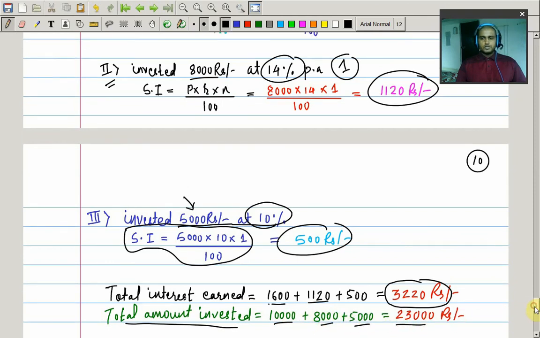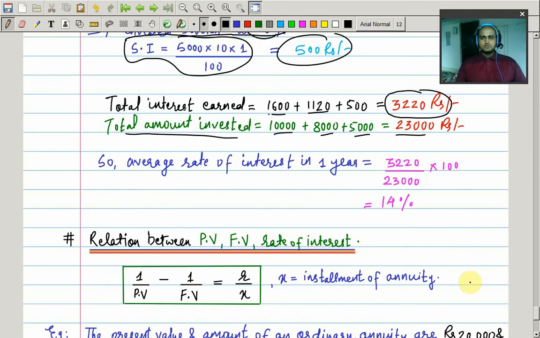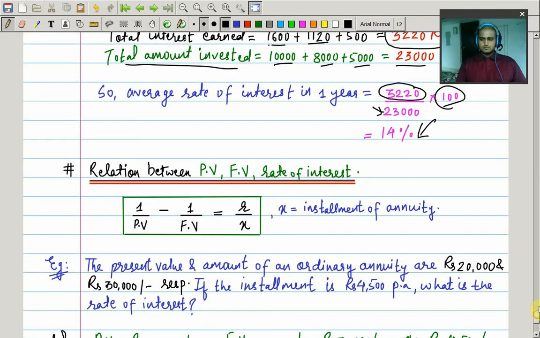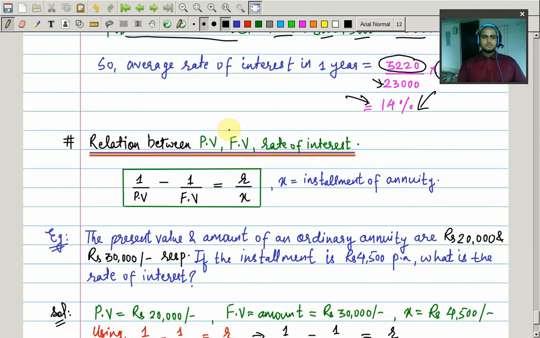So on 23,000, he is earning 3,220 rupees extra. So what is the average rate of interest? So interest upon amount invested into 100, 14%. So this is the average rate of interest for 1 year.